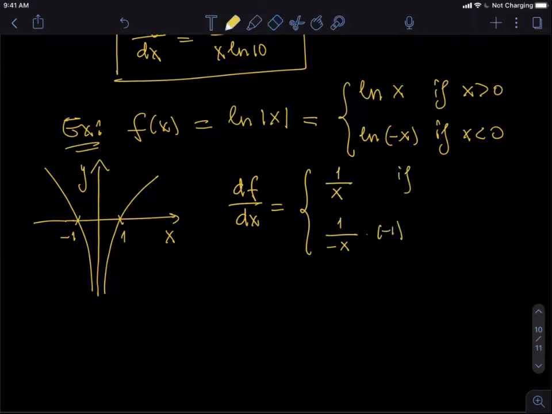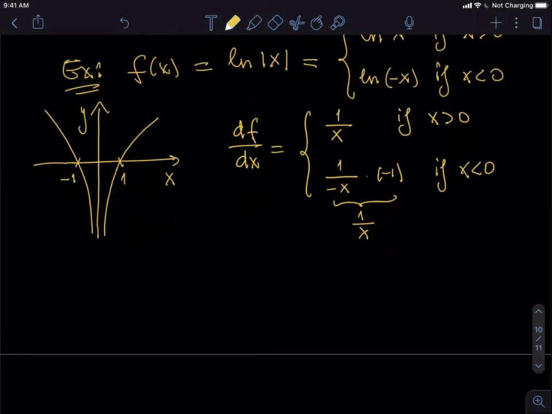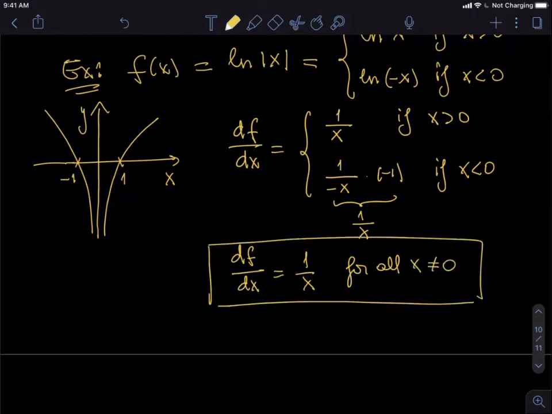The first is if x is positive, the second one is if x is negative. But notice that it's the same either way. So df/dx is 1 over x for all x different from 0. And that's it.